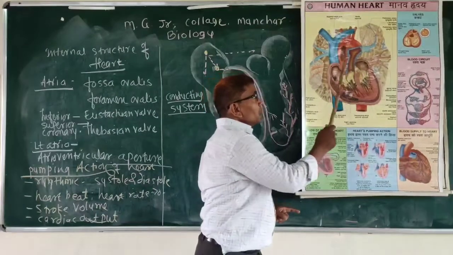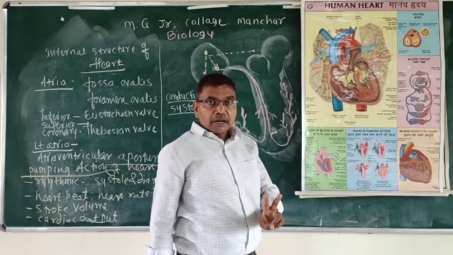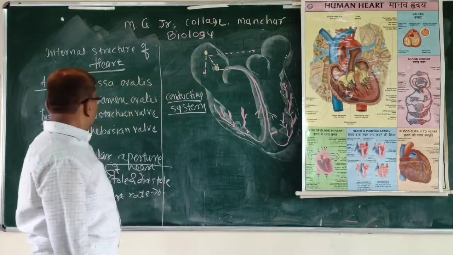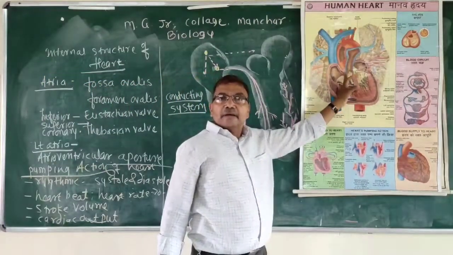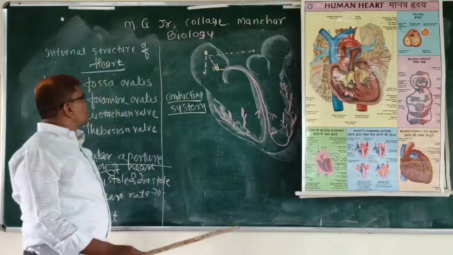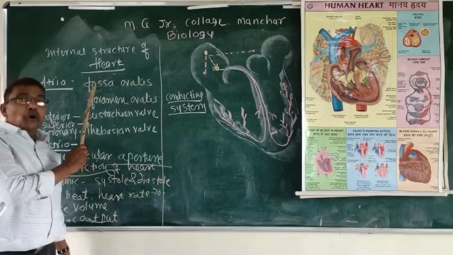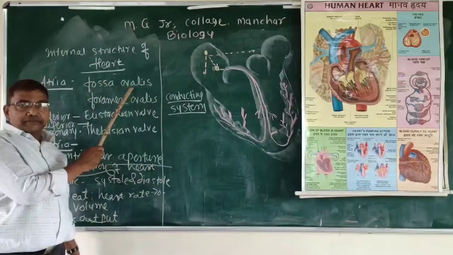Between these 2 atria there is also one septum which is internally present, so called the interatrial septum. On the septum there is one oval depression which is called the fossa ovalis.